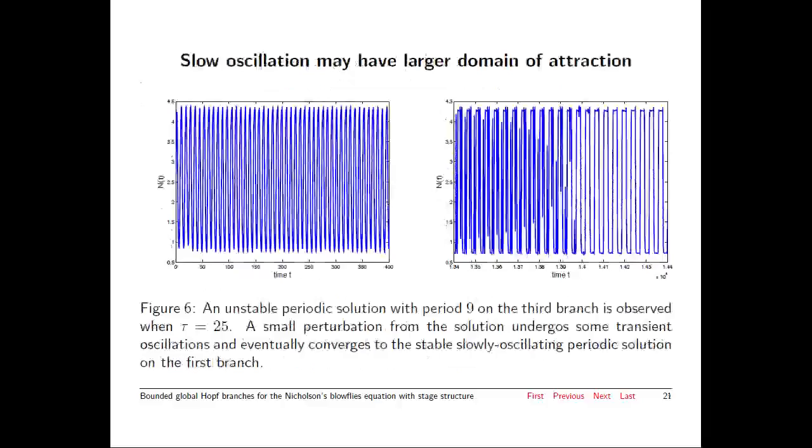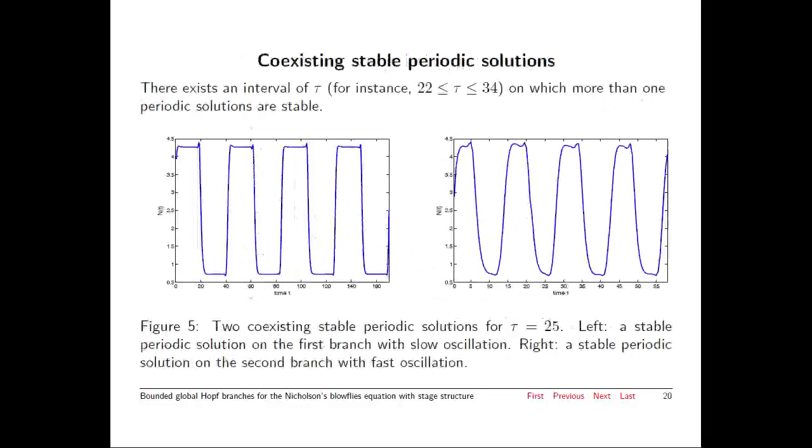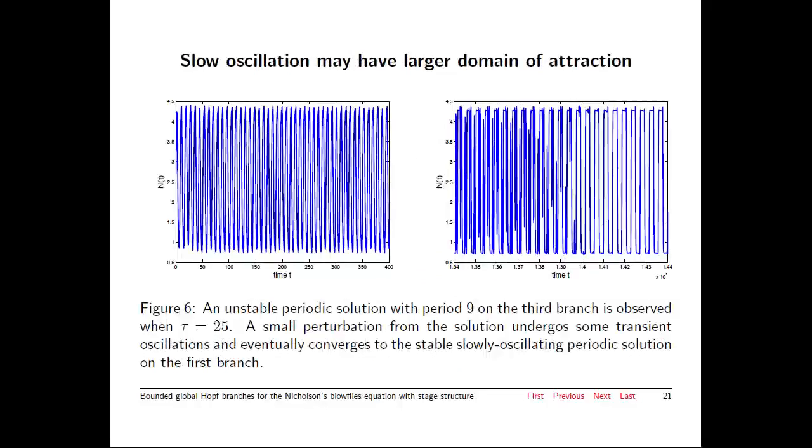And actually we continued to sketch further. As I mentioned, when tau is equal to 24, we have two unstable periodic solutions on the third branch and the fourth branch. We also sketched the two unstable periodic solutions, and this is the unstable periodic solution on the third branch.